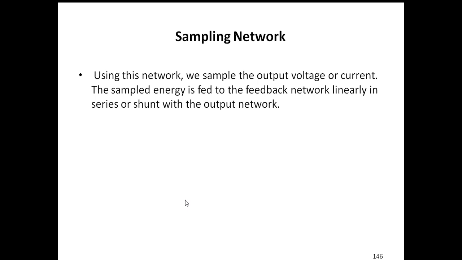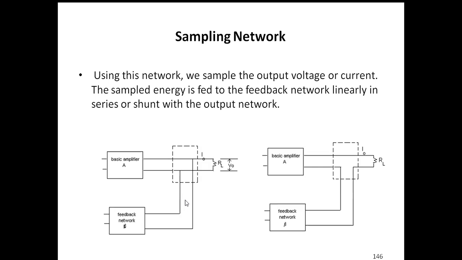This sum of the samples is fed back towards the input again through the feedback network. Here the dotted lines are nothing but the sampling network. Which type of sampling we are using is important, whether it is current sampling or voltage sampling. The sampled signal here is voltage, and here it is current.